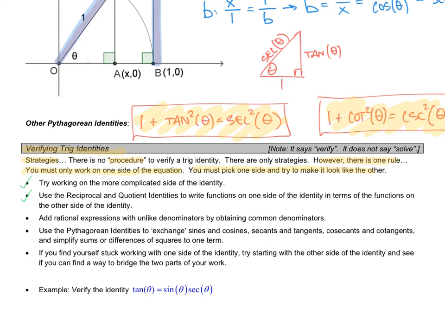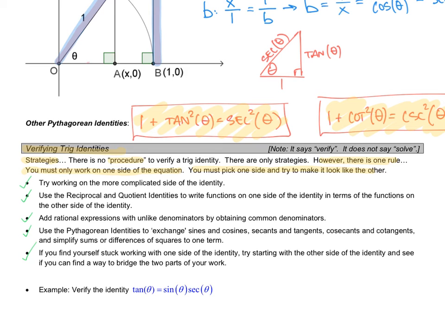If you get a rational expression that doesn't have the same denominator and you want to add them, get a common denominator first. Use Pythagorean trig identities wherever you can. If you find yourself stuck working with one side, try starting over and look at the other side: instead of making the left look like the right, see if you can make the right look like the left.